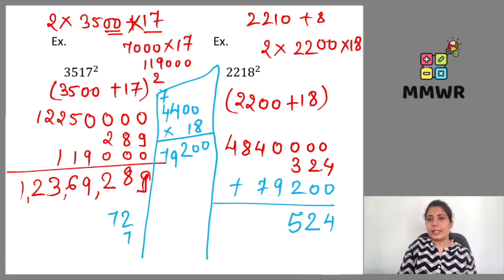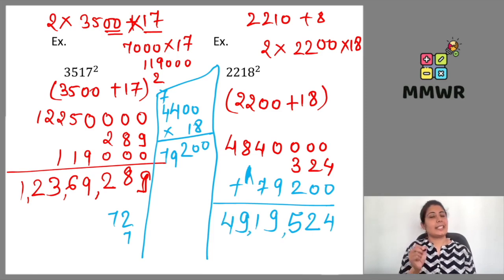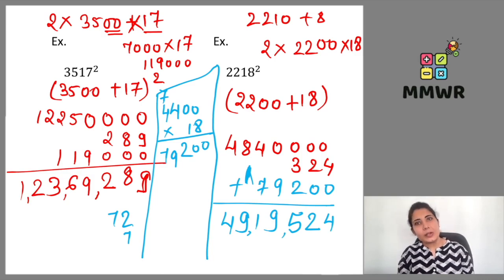Then 3 plus 2, 5. 9. 11 carry over 1. 8 plus 1 is 9. 4. 49 lakh 19,524. What is the square of 2218? The square of 2218 is 49 lakh 19,524. Okay.